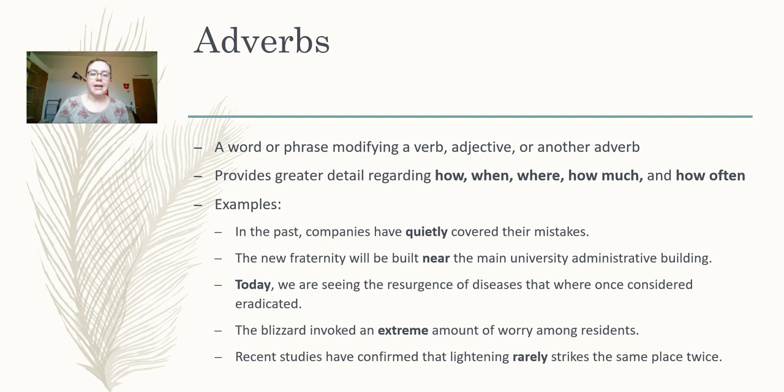If we look at the following example, today, which gives us an idea of when we are seeing the resurgence of diseases that were once considered eradicated, maybe we're writing to say, hey, we need to more carefully look at specific diseases or vaccinations, whatever, because today, right now, with all of our medical advancements, we're still seeing the resurgence of these diseases.